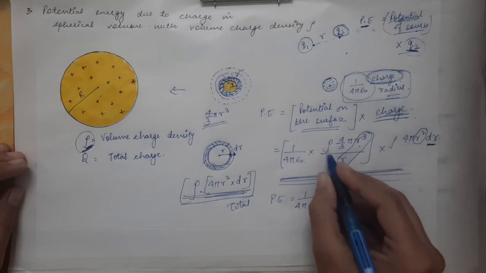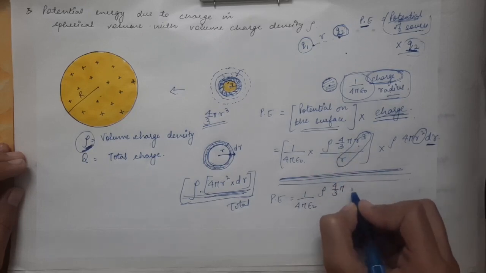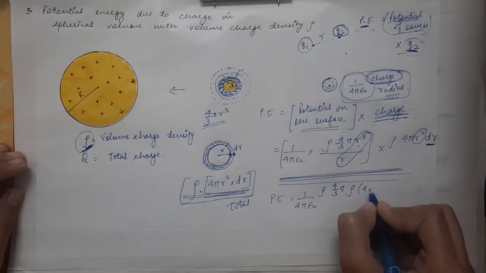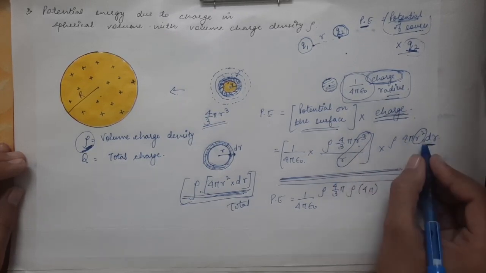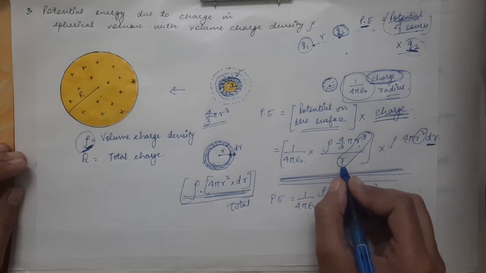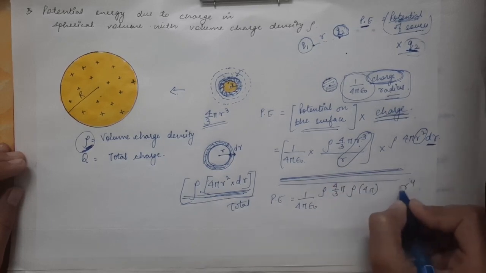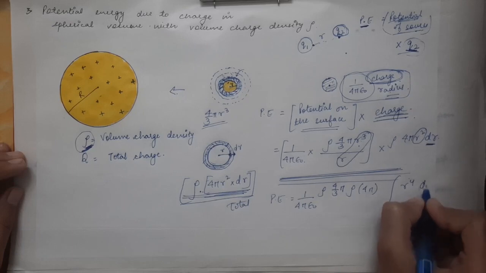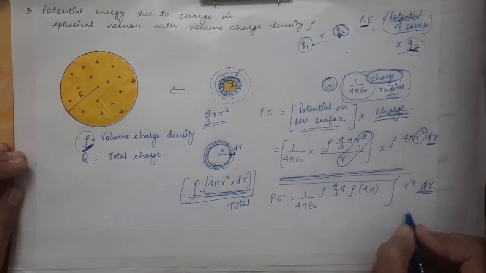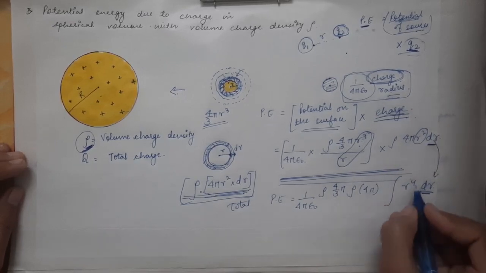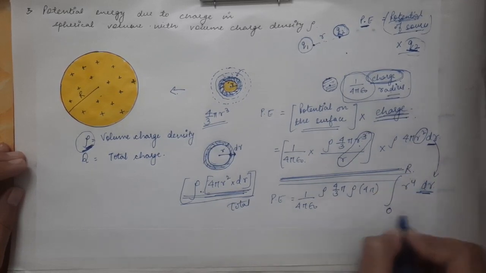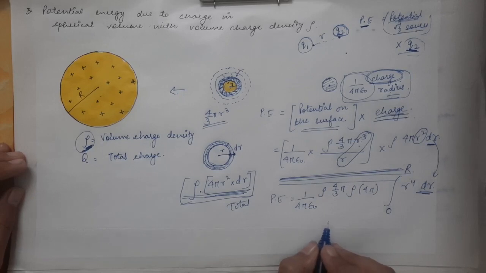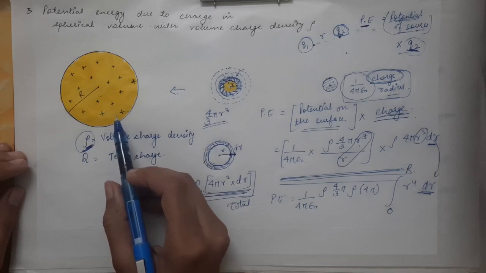So you will get rho into 4 pi into r power 3 into r power 2, that will be r power 5, divided by r, that will be r power 4, with its integration. So this dr you have to write it always, and r will be going from 0 to capital R. So this formula gives us the total potential energy which is stored in the system of spherical charge.